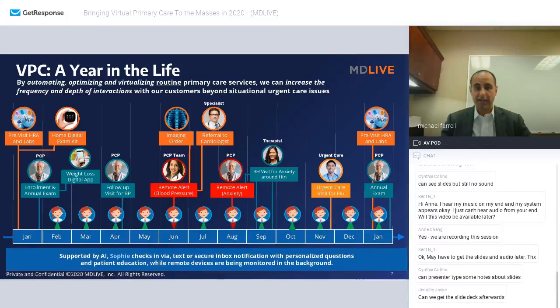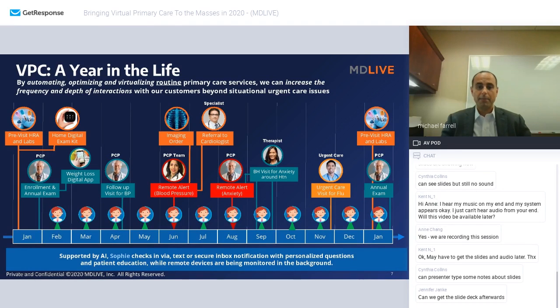So May and June, she checks in, but there's an alert that comes about in June saying that there is some high blood pressure. So maybe that was from a remote monitor that connected into Sophie and connected into our system, which alerted that, or it could have been self-entered by the patient. But what happened as soon as that alert triggered, Sophie automatically popped up a member of the primary care team.